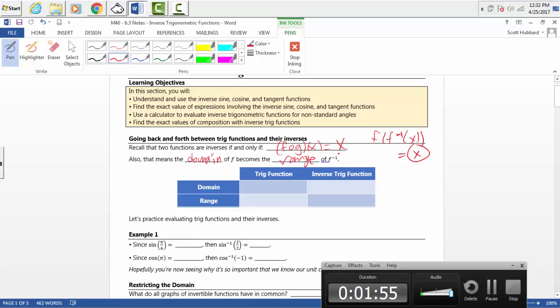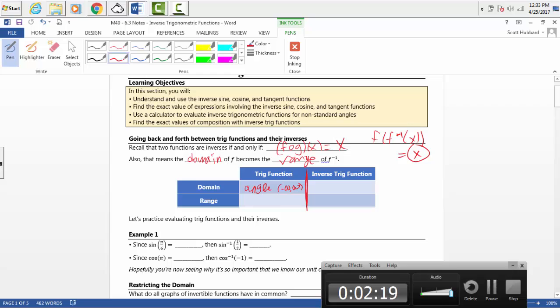So let's do that with the trig functions. There's an inverse trig function for each of the 6 trigs that we've been learning: sine, cosine, tangent, etc. So the domain for a trig function is an angle. It was negative infinity to infinity. Whatever angle you wanted to put into a trig function, you can put it in.